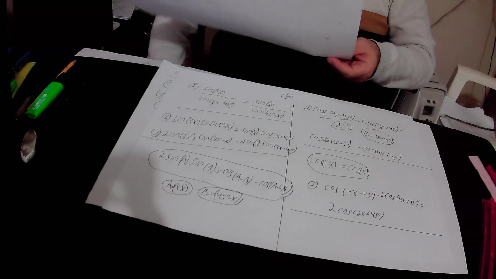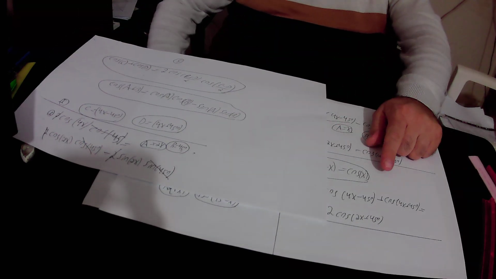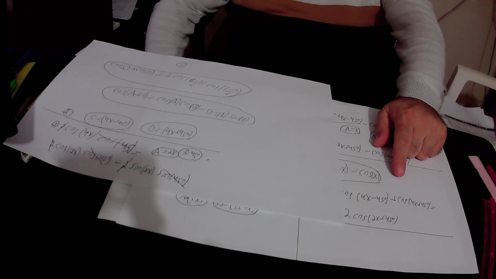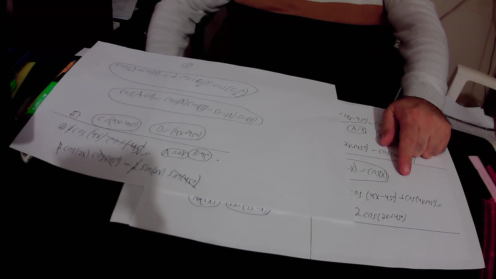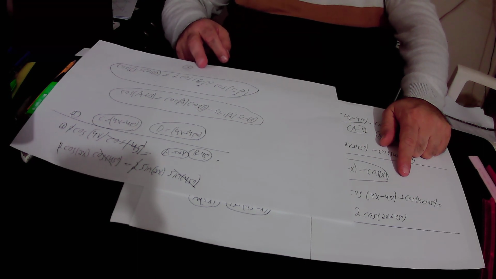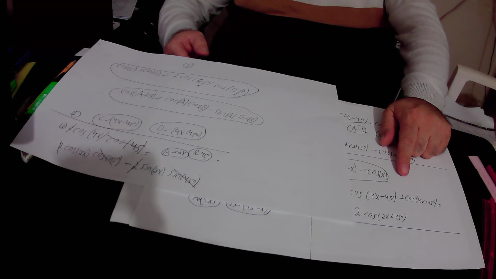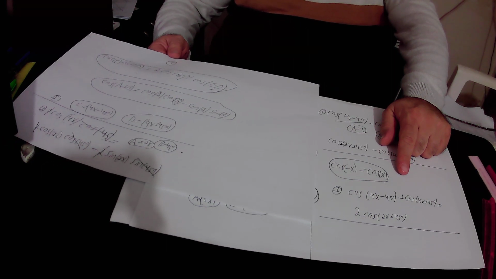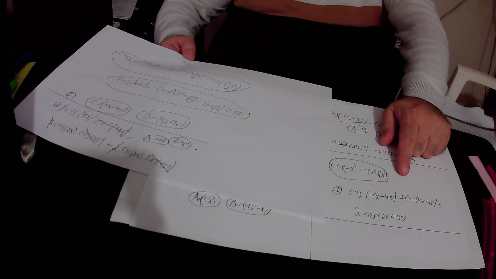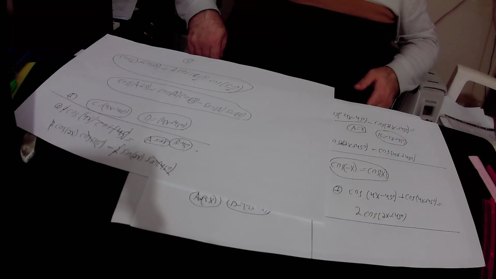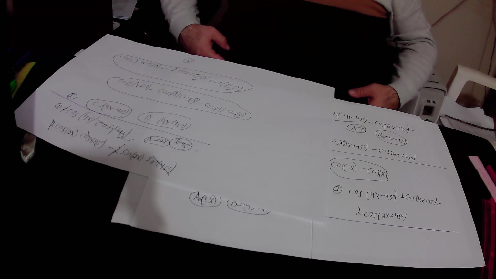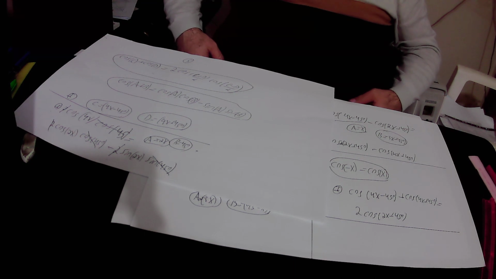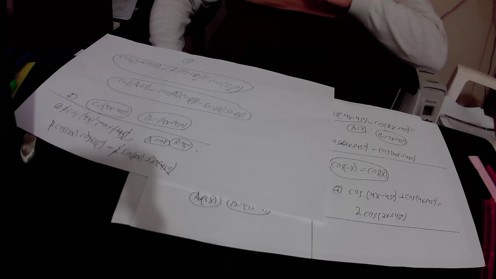Okay, so here what is cosine c plus cosine d? According to this trigonometric identity, it equals to 2 cosine c plus d over 2. And here we have c is 4x minus 45 degrees and d is 4x plus 45 degrees. So c minus d is 4x minus 4x, that is 0.